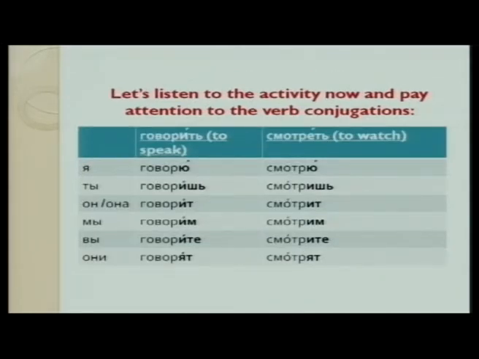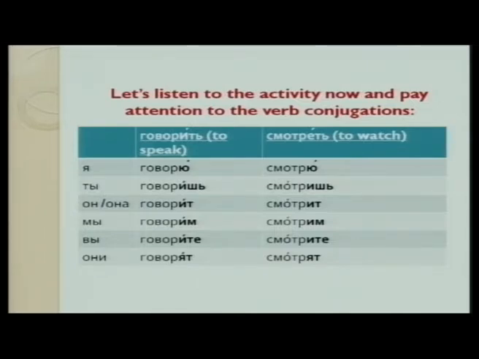Let's learn a few more verbs. Говорить means to speak. Я говорю, ты говоришь, он, она говорит, мы говорим, вы говорите, and они говорят. Смотреть means to watch.